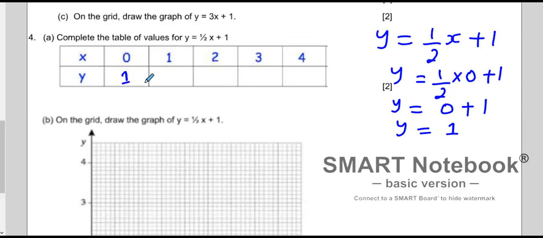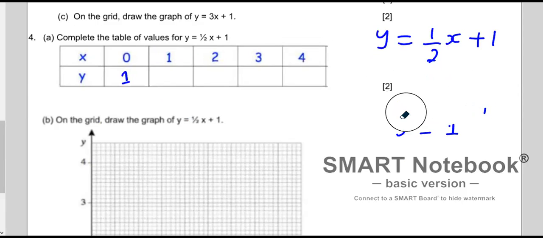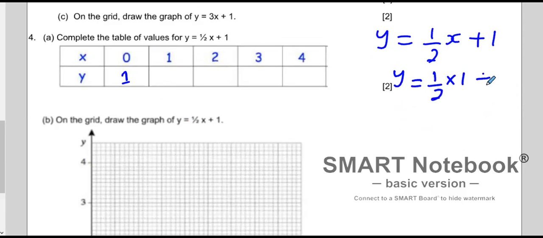All right, keep going here. X is 1. So we go back to the same equation, and this time x is 1. So y will be equal to half times 1, which is half, plus 1.